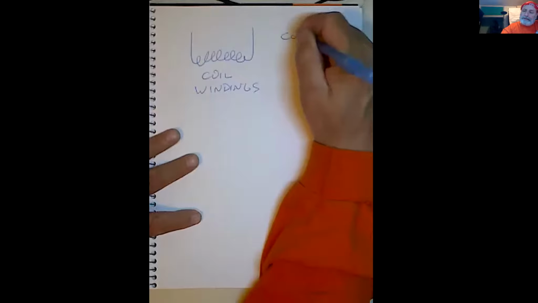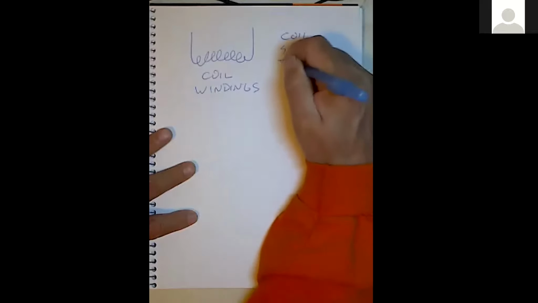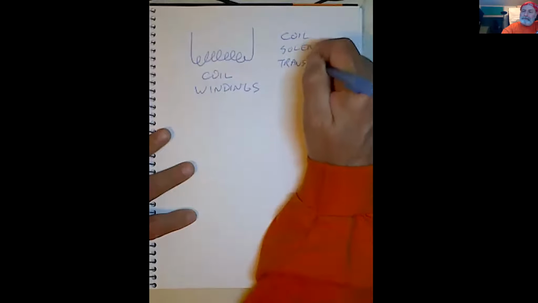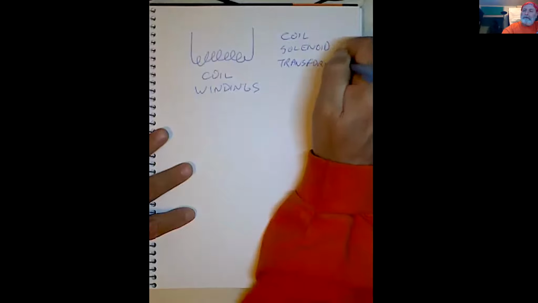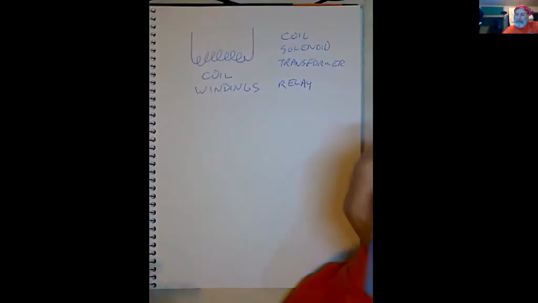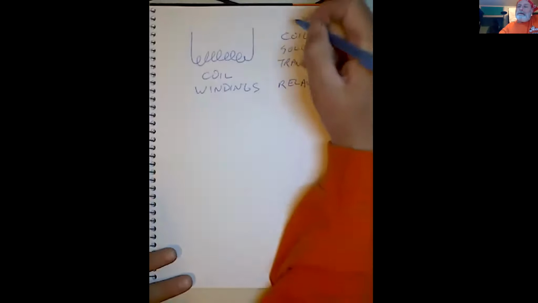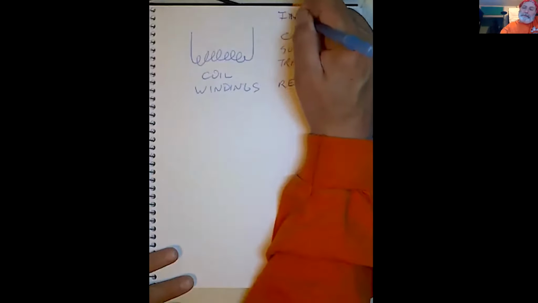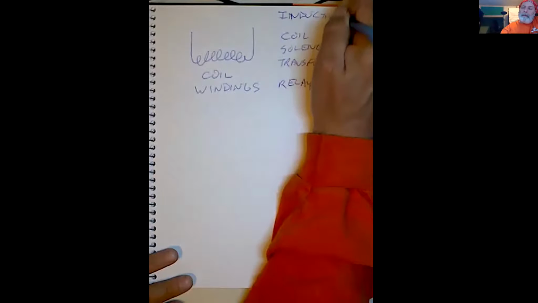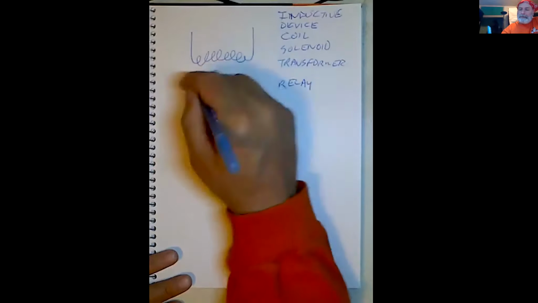Whether this is just a coil or a solenoid or a transformer or a relay, whatever you do, these are inductive devices, which is just a fancy way of saying they work by electromagnetism and using the coil.